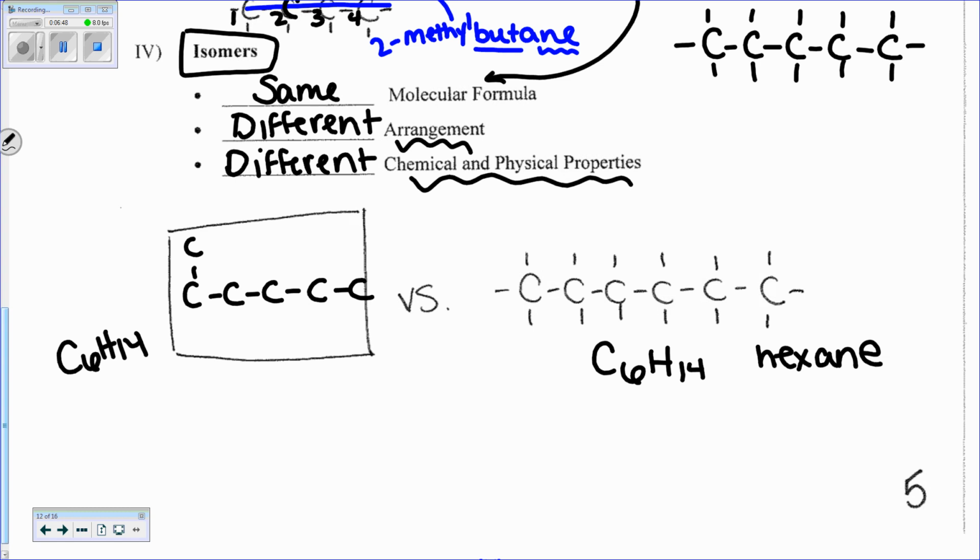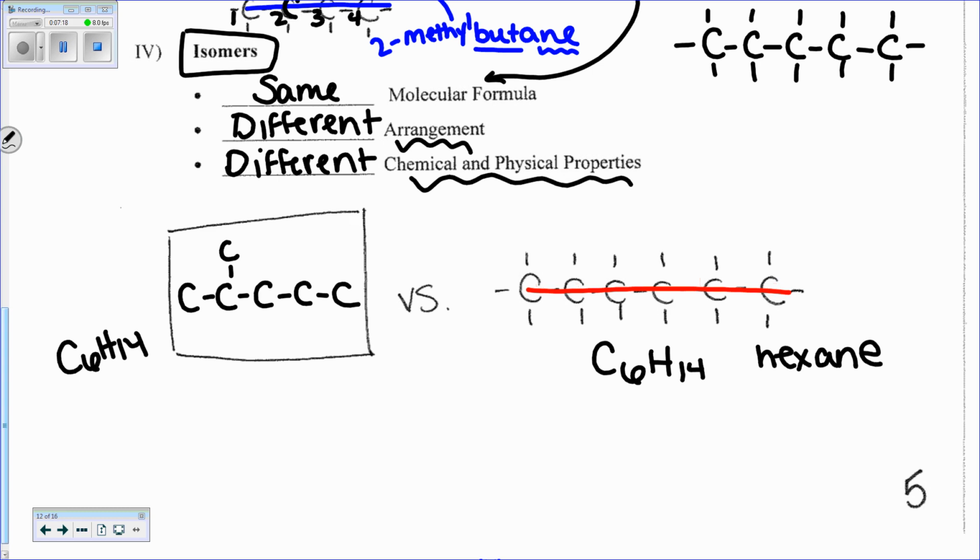That looks different because now there's a bend in my chain. But if I think about it, I can still touch all of these without picking up my pencil, just like I can do over here. So this is not an isomer. But it would be an isomer if I put 5 in a row and moved it to an inside carbon.